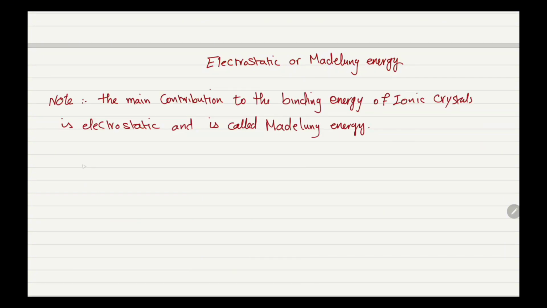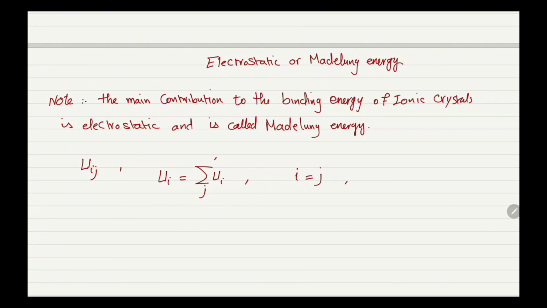Now if Uij is the interaction energy between ion i and ion j, let's define Ui, which includes all interactions involving the ion i. So Ui is defined as the summation over all j, primed, where the summation includes all ions except i equal to j.